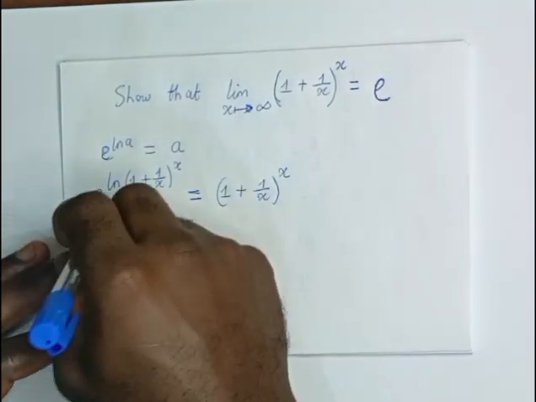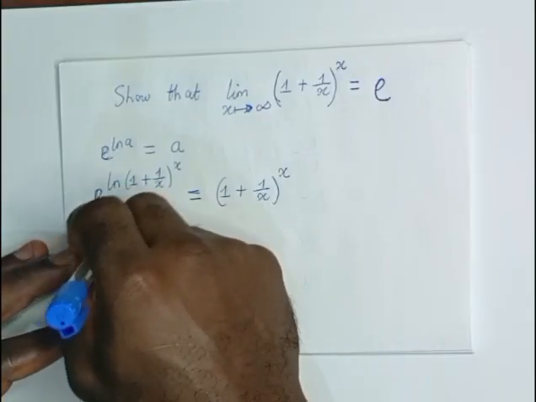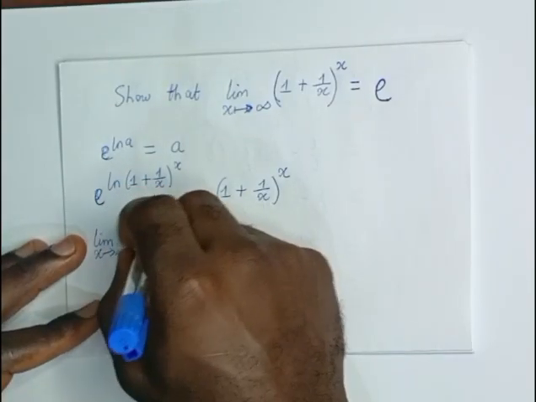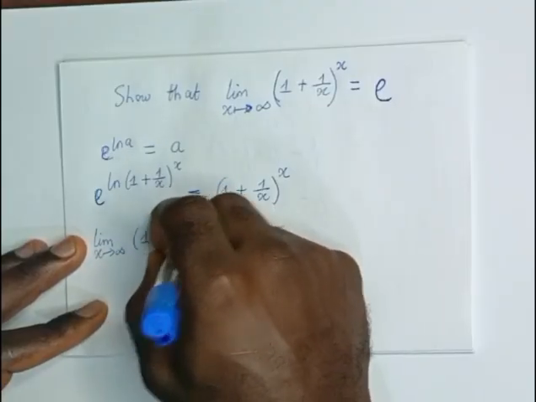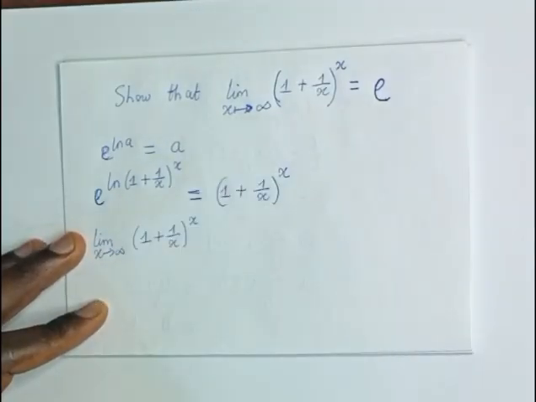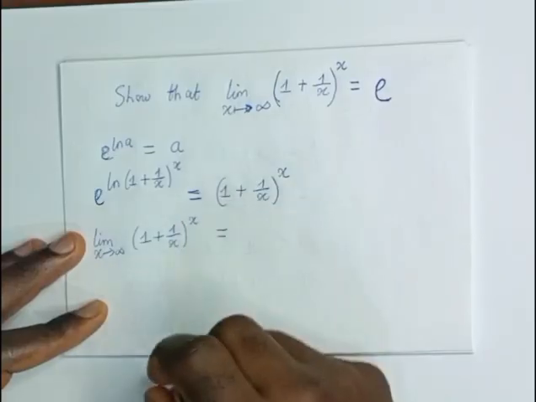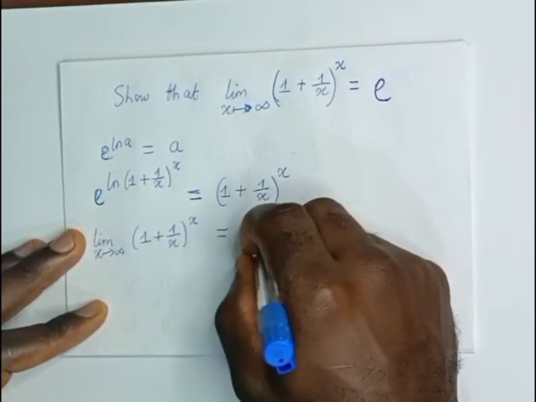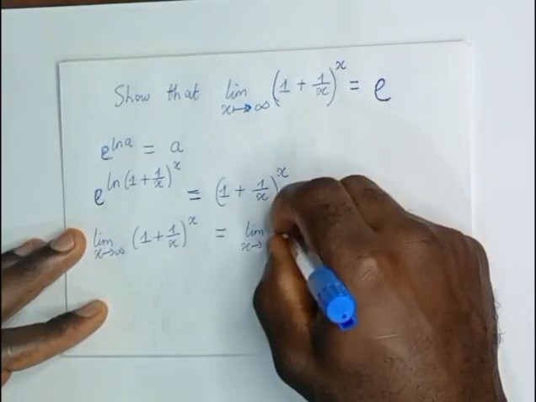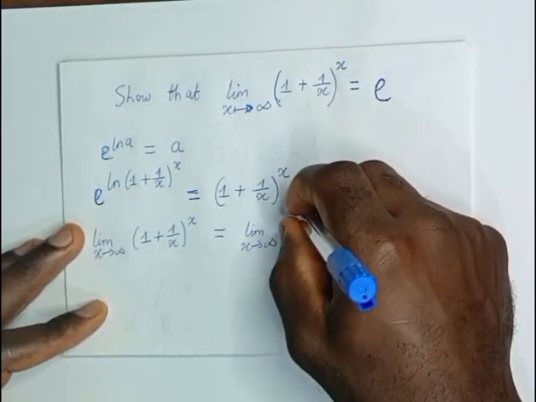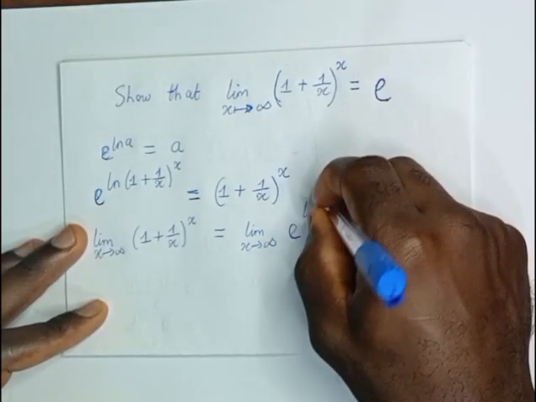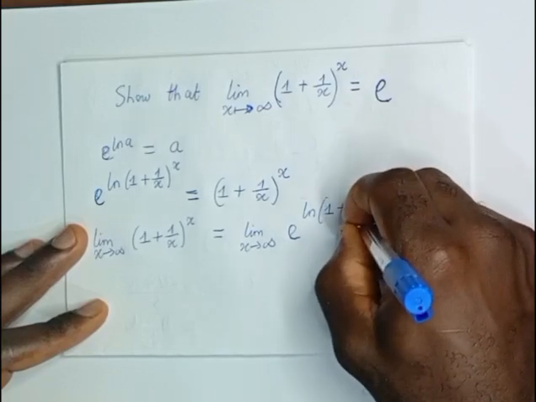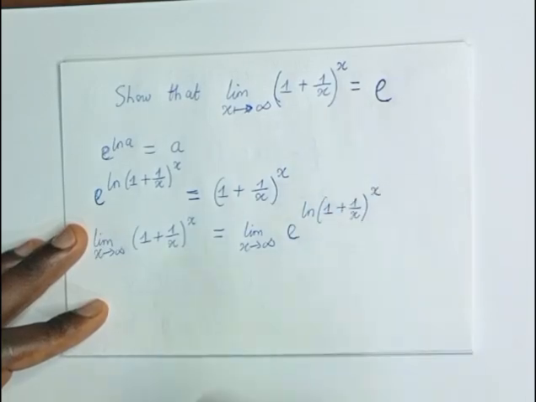It simply means if we take the limit as x tends to infinity of (1 + 1/x)^x, it will be equal to the limit as x tends to infinity of e raised to the power ln(1 + 1/x), all this raised to the power x.